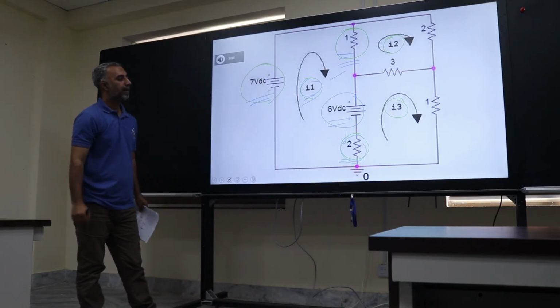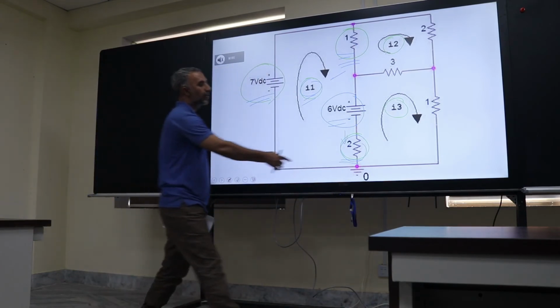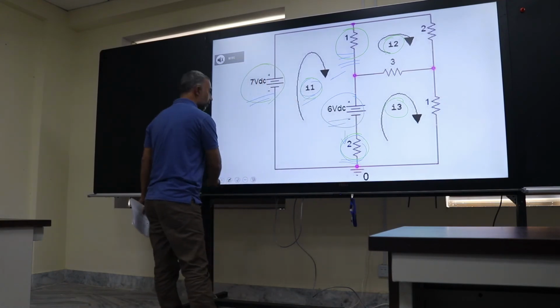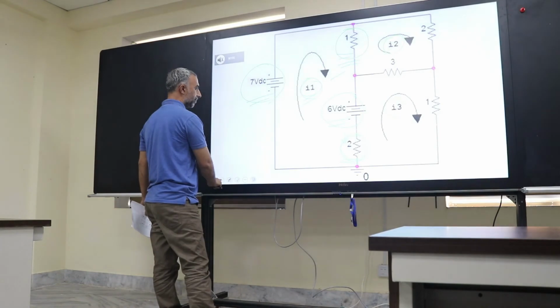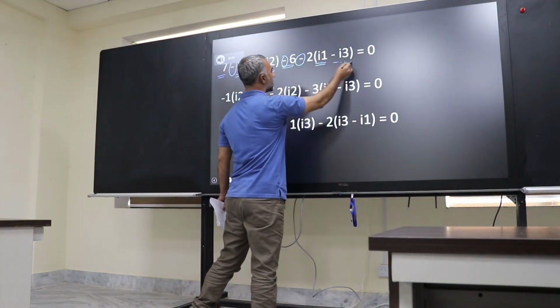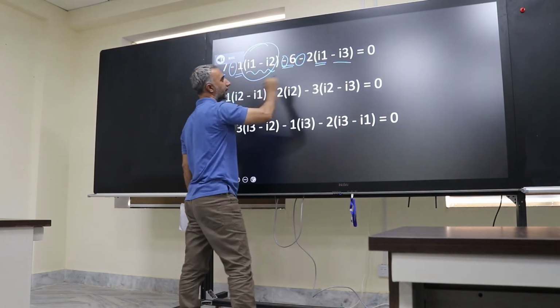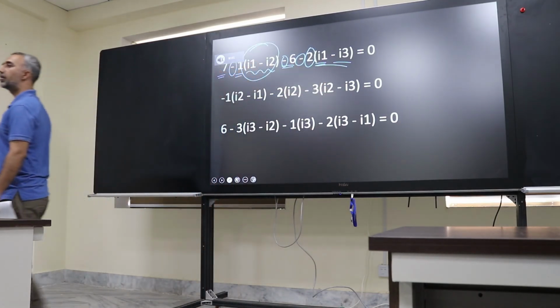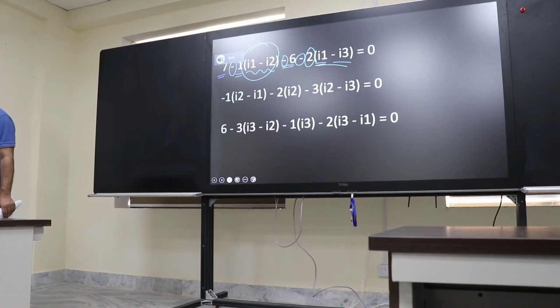Now this current I3, again you can check, similar to this, but here the resistor strength is 2.